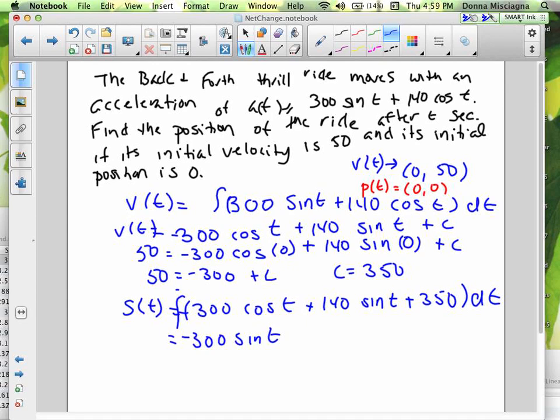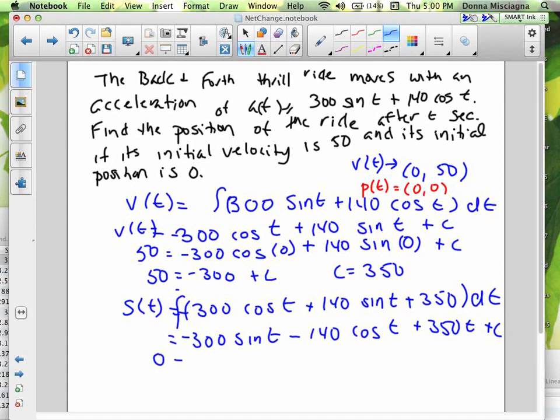And then this would be a minus 140 cosine t plus 350t, and then plus c, and we have to solve for c. So we're going to plug in. We have 0, 0 is the value, and it's not going to be 0 because of sines and cosines.